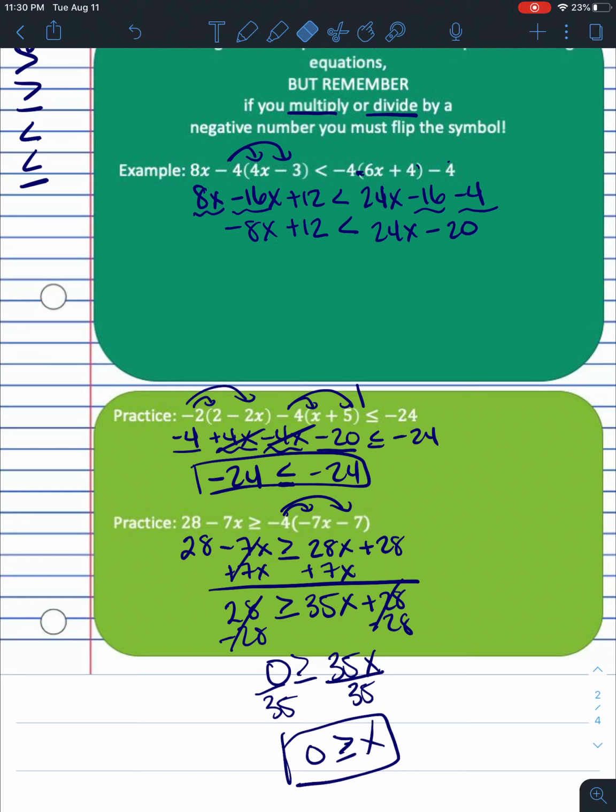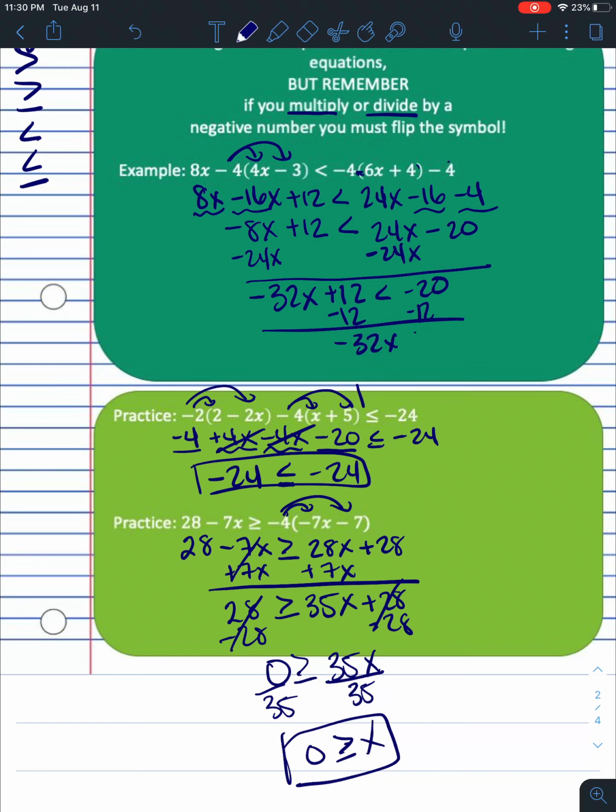No, I'm not going to add my 8x. You know what we're going to do? Just to make it do what I want to do, I'm going to do minus 24x on both sides, because that's going to do what I want it to do. So then we have 8 minus negative 8 minus 24 is going to give me negative 32x plus 12 is less than 20. Okay, now I can subtract 12 from both sides.